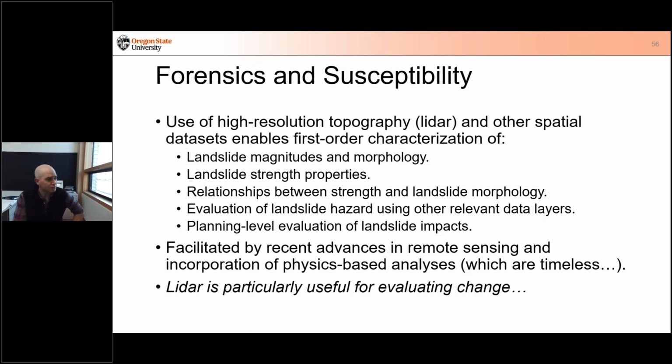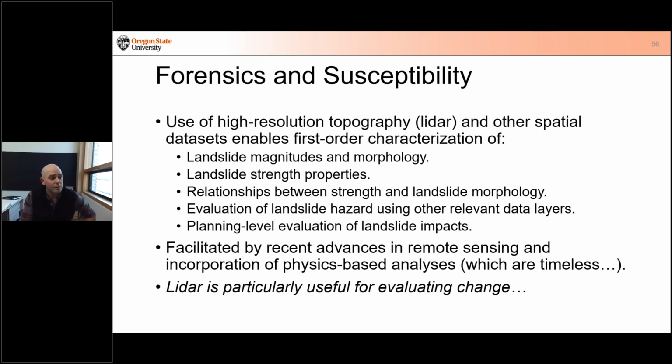What it enables is first order characterization of landslide magnitudes and their morphologies, strength properties, at least a first order estimate, the relationships between strength and morphology, as well as evaluation of landslide hazard using other relevant remotely sensed geospatial data layers. It provides us a means of doing planning level evaluation of landslide impacts that is often of use to state agencies, and that's what it was in this case.